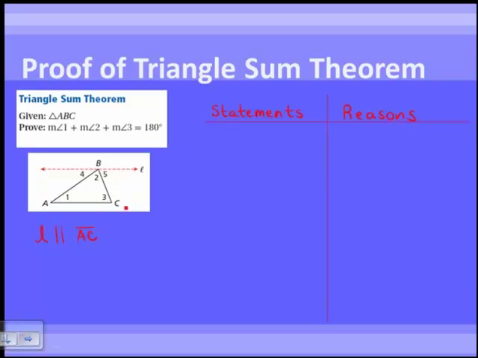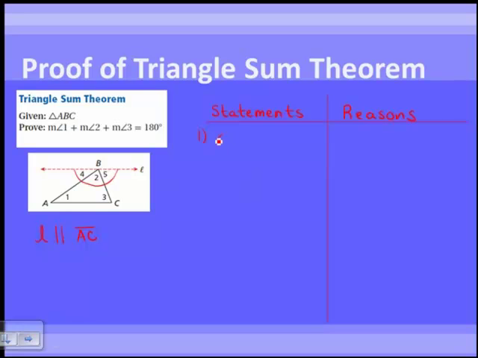So given triangle ABC, I need to prove that angle 1 plus angle 2 plus angle 3 equals 180. I am going to start by noting that here I have angle 5, angle 2, and angle 4, and they form a straight angle. They're not a linear pair because there's more than one of them, but the three of them added together form a straight angle.